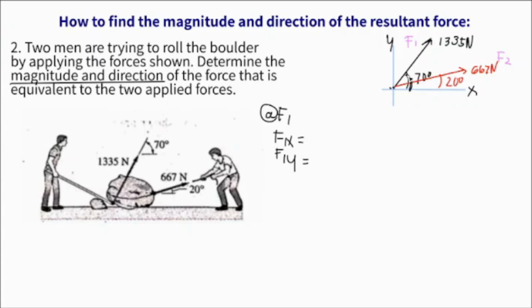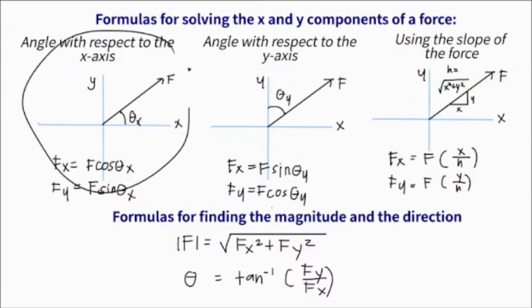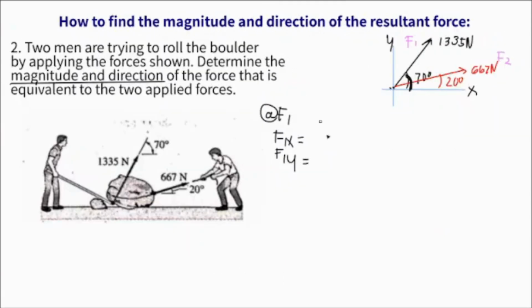Since its angle is 70 degrees with respect to the x-axis, we will use the same formula: F cosine theta for x and F sine theta for y. So F is 1,335 cosine 70, and the same with this, 1,335 sine 70 degrees.